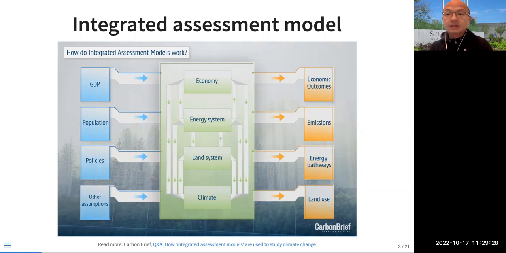And integrated assessment describes the macro level modeling practice that tries to link all those elements together as an integrated system.